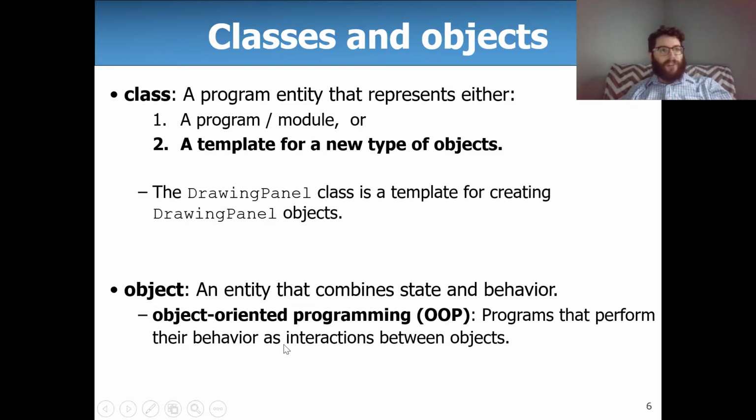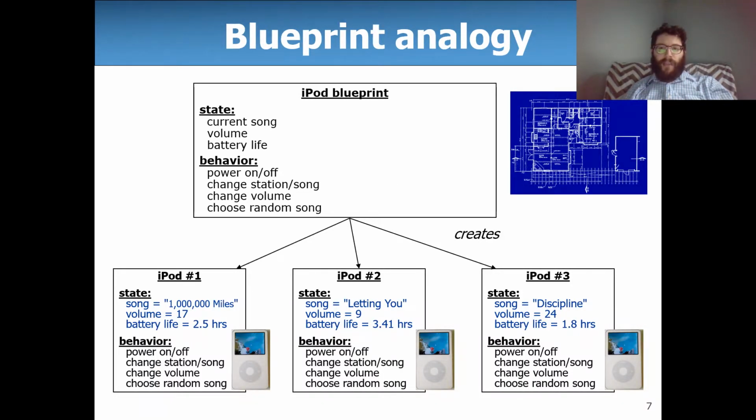The way we're going to start organizing our code is in terms of object-oriented programming, meaning that programs will be written as one object interacting with another object. Because when we group things like that, it becomes easier to think about and easier to organize.